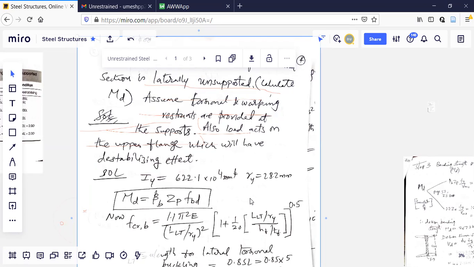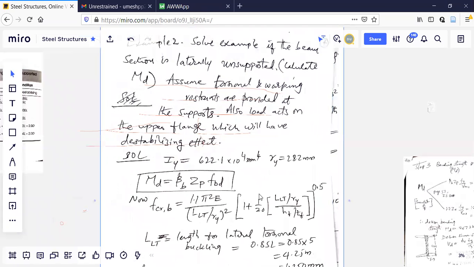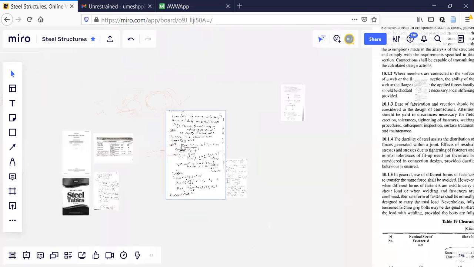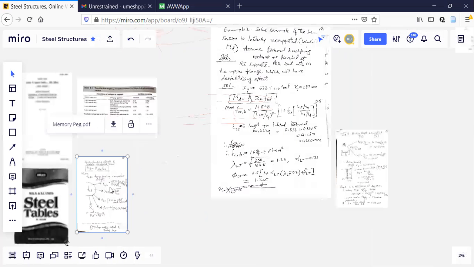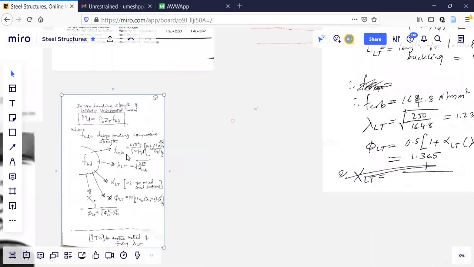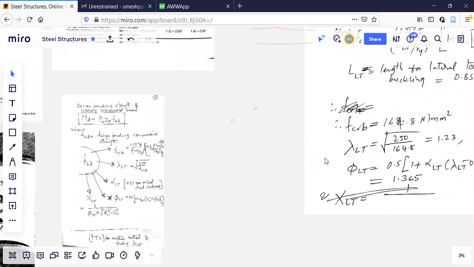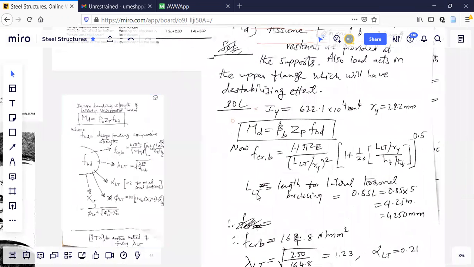Now observe this one here. What I am doing is, again I have written the formula MD = beta_b Z_p f_bd. Only this f_bd is the notation that is changed in laterally unrestrained. Now I will go according to whatever I was explaining now.